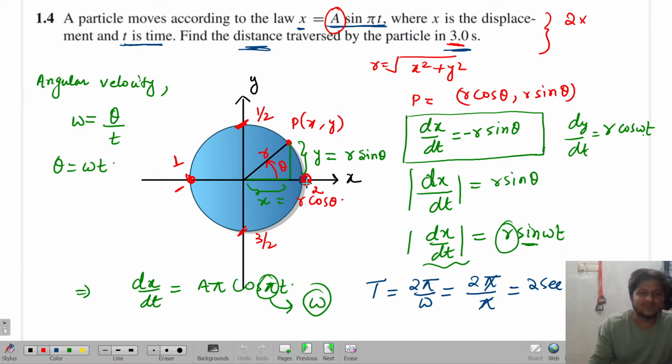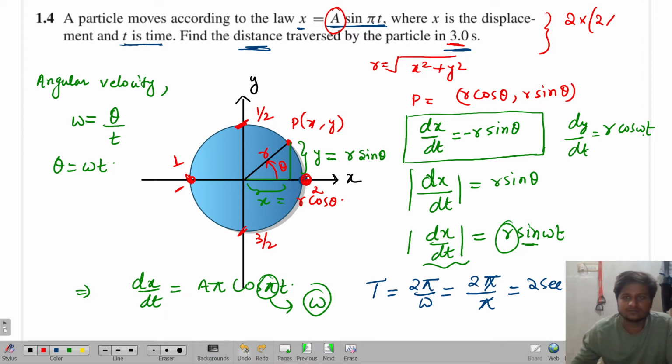So total displacement is how much? Try to see, first the total distance traveled in this whole circle is how much? Let's suppose it is equal to A. Got it or not? So try to see. Wait. Not A. It is 2 into 2 pi r. See this.